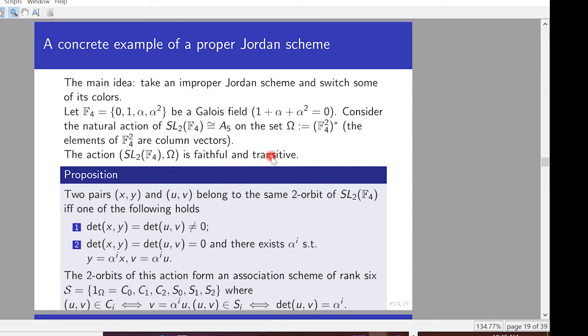And we know whenever we have a transitive action of a permutation group, we can take the orbitals, and they will form an association scheme. Now, the idea is to take this association scheme, take the symmetrization. It will be an improper Jordan scheme, but then make a switching, and I will explain what the switching is.